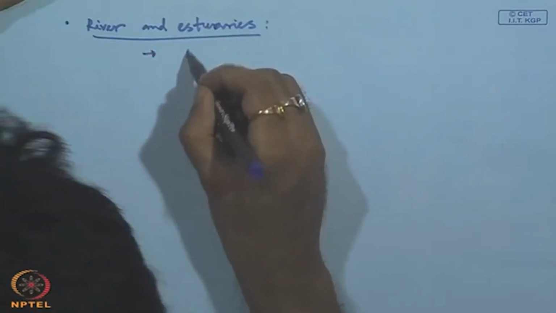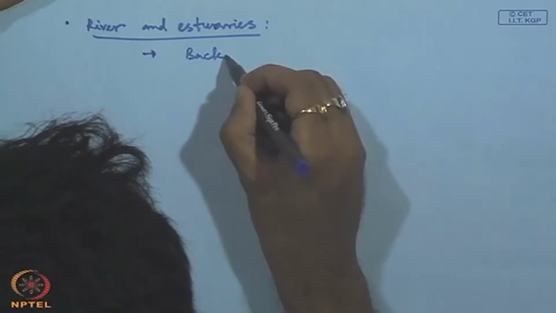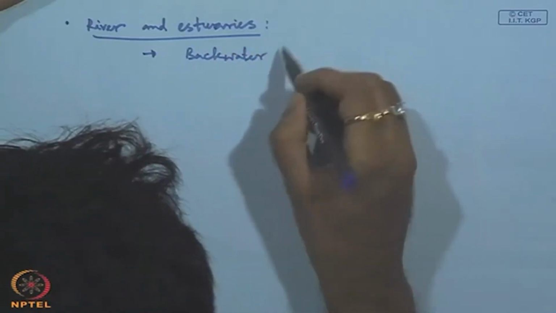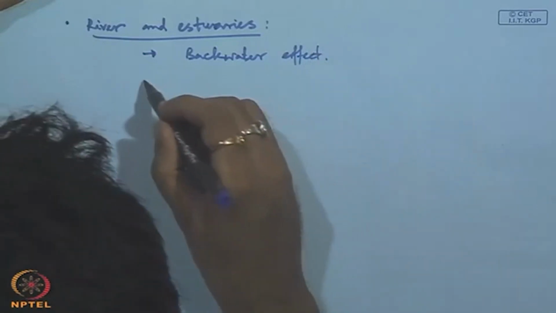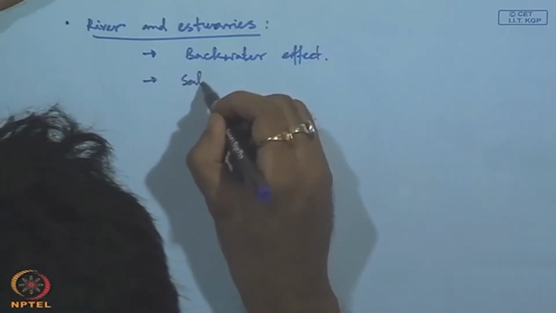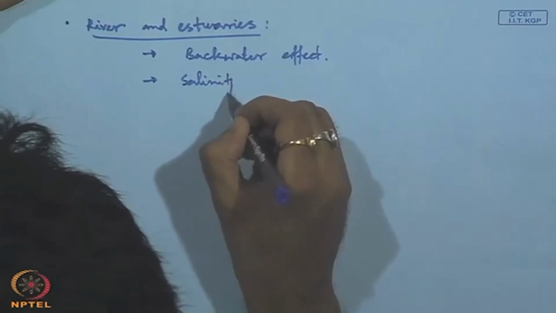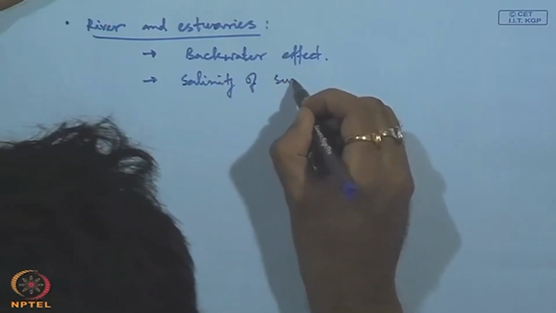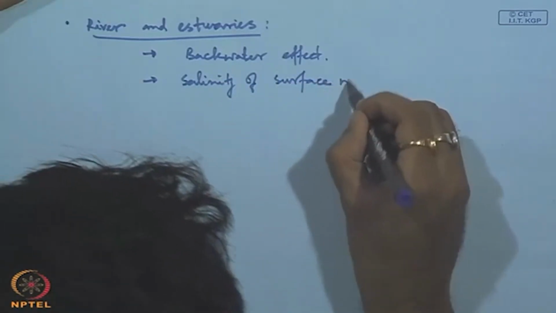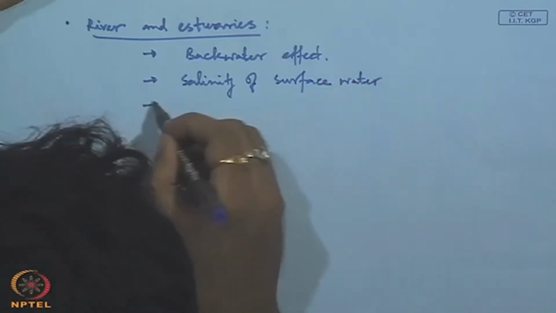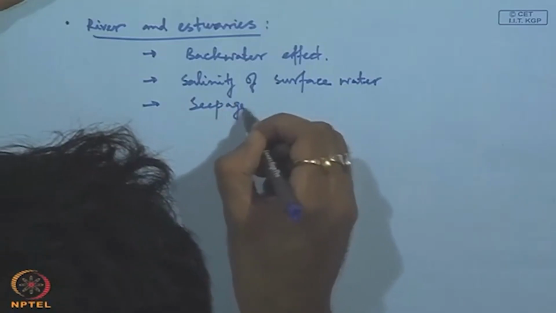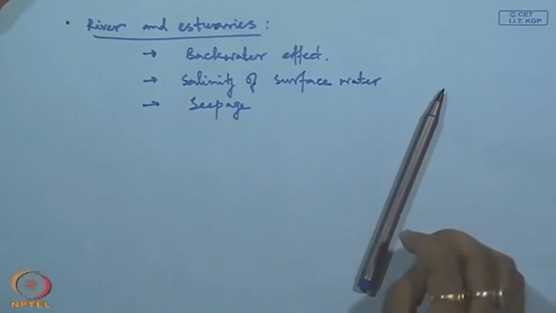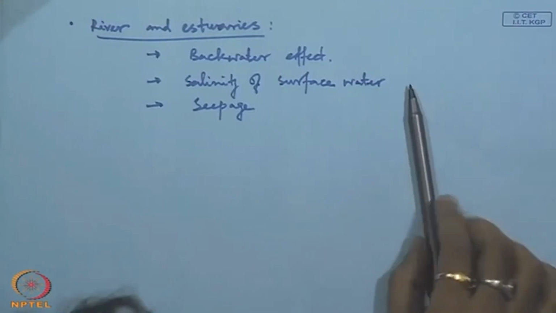One point we can say is the backwater effect, another is salinity of surface water, and the final thing is seepage. So, what is this backwater effect?